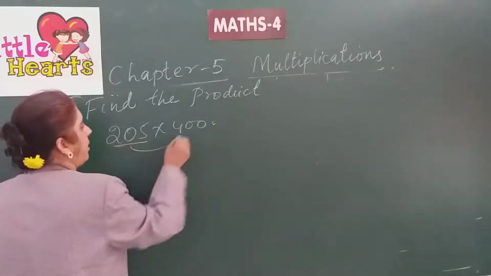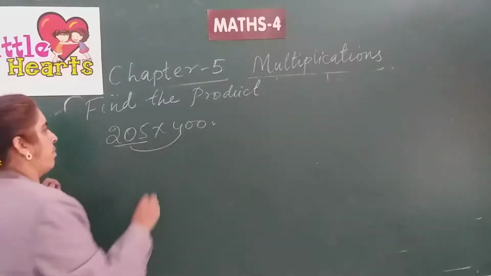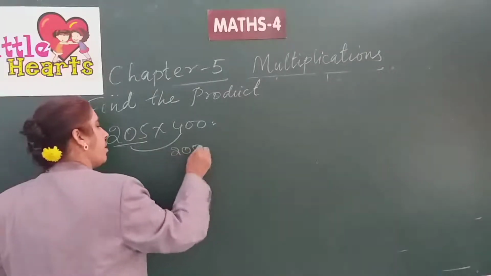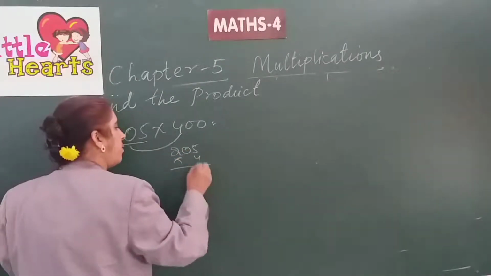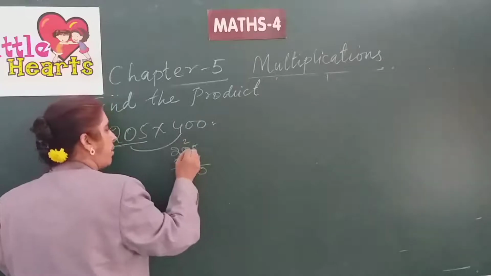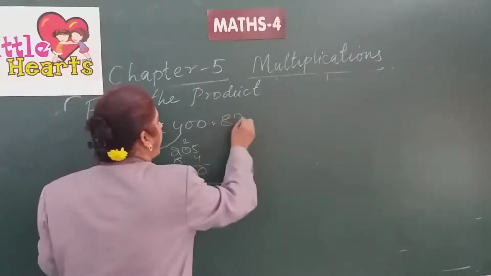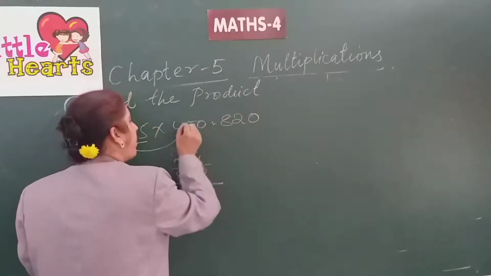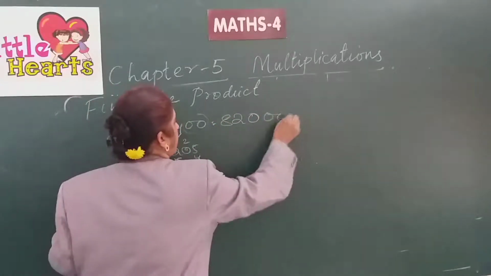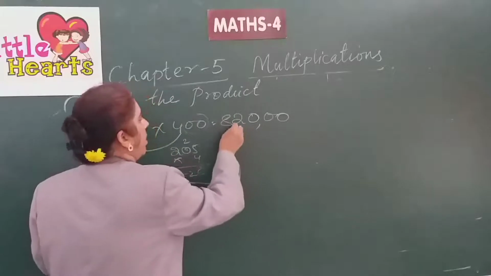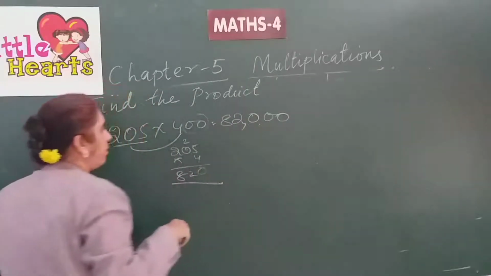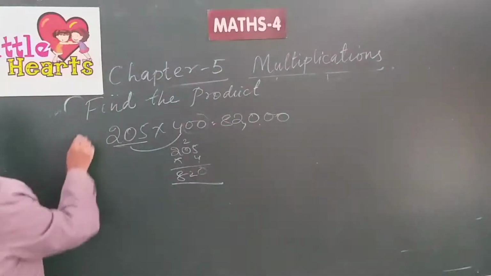So multiply 205 and 4 now. 4 5s are 20. 4 zeros are 0 plus 2, 2. 4 2s are 8. Write this 820 and followed by these 2 zeros. 82,000 is the answer.